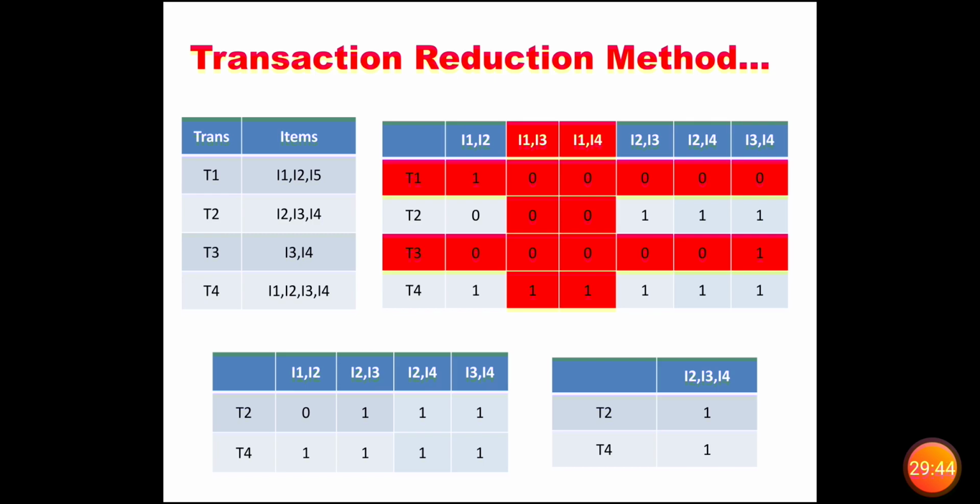This is the finalized reduced transaction table, and this is the only qualified and possible frequent item set. So the frequent item set is I2, I3, I4. If you find the sum of these items, it is 2, which is equal to the minimum support. So this is the only possible one.